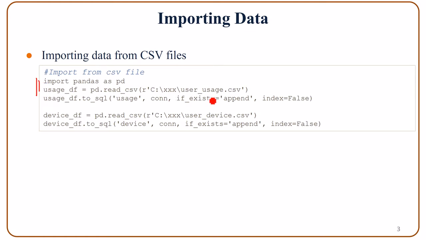We read CSV files into a pandas data frame, and then later on use the to_sql method to import data from the CSV file into the table, and we give the table name here using the connection. And here we say if the table exists, then we would append data to the table.